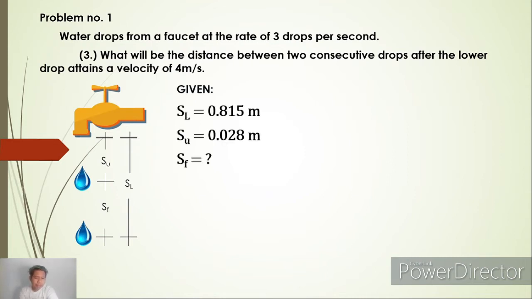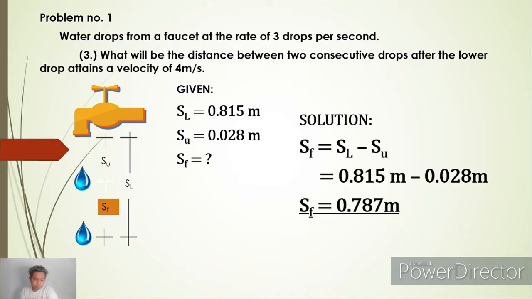So, given, since na-solve na natin yung SL or the distance or the position of the lower drop mula doon sa labi ng faucet, which is equal to 0.815 meters, and also the position of upper drop, which is 0.028 meters. Therefore, SF is equals to SL minus SU, or the distance between the lower drop and the upper drop is equals to the position of lower drop minus the position of upper drop.